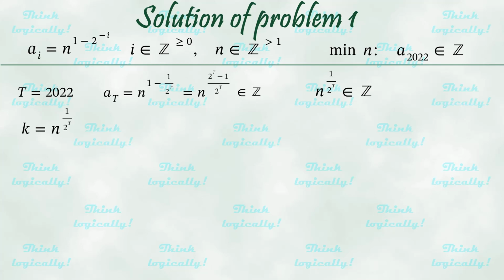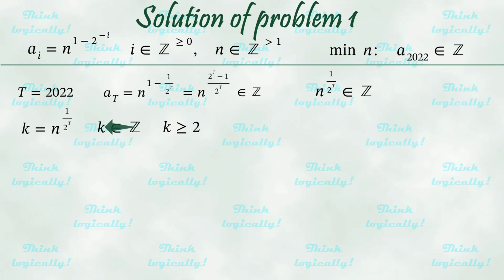So let k be n to the power of 1 over 2 to the power of t. We already know that k must be an integer. Moreover, since n is more than 1 and the exponent is a positive number, the value of k is more than 1, that is, no less than 2.